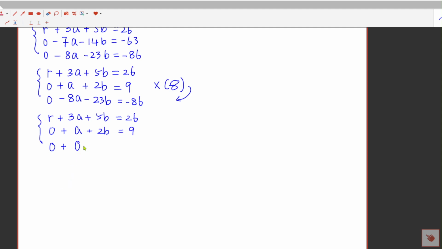Well, actually it's 0a, but it doesn't matter if you write a or not, right? And 2b times 8 minus 23b gives us negative 7b, right?